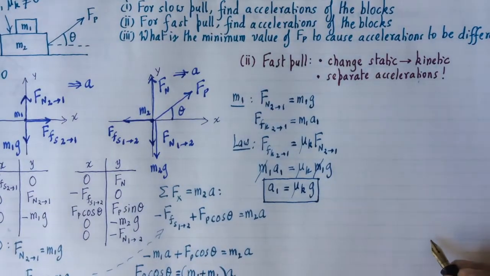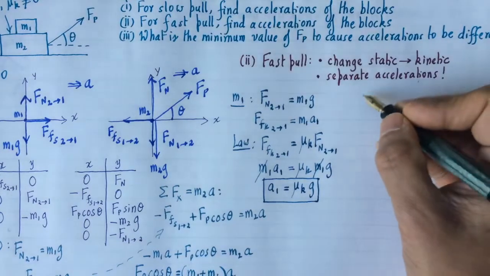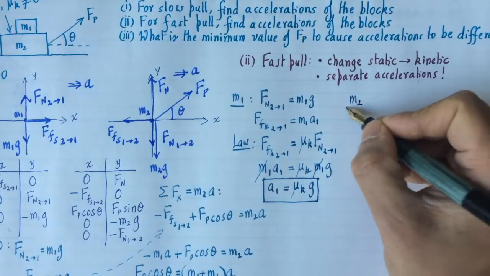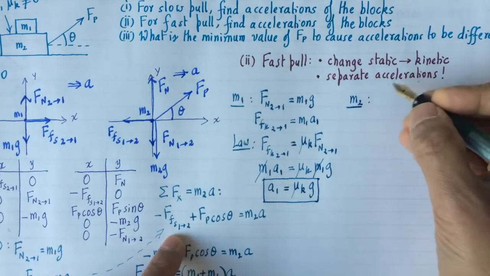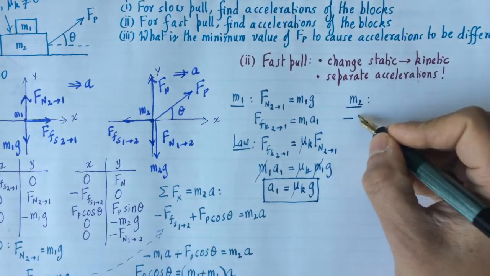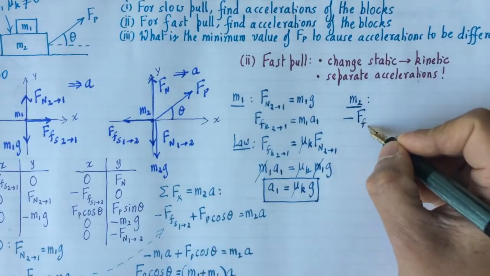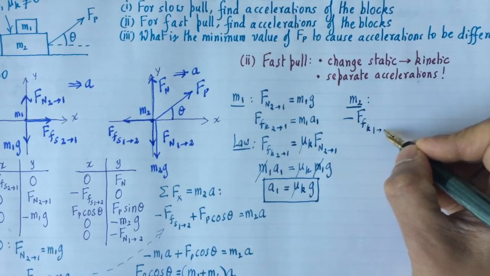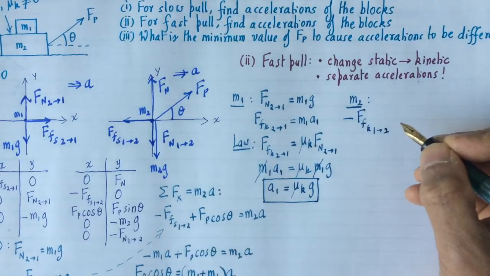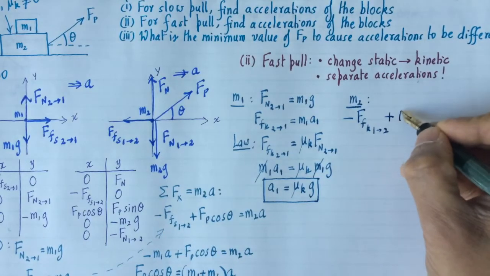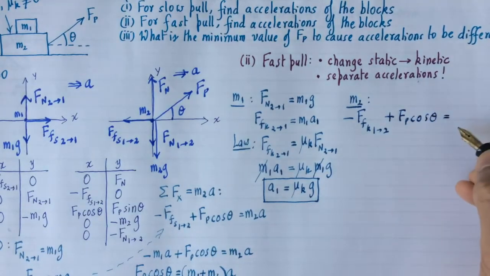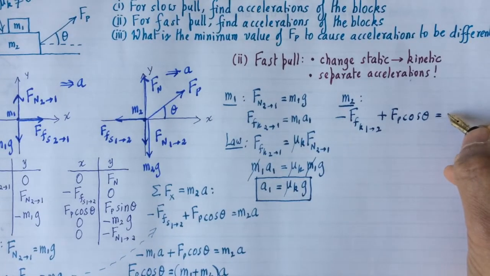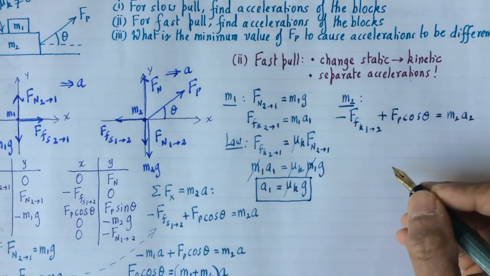What about the acceleration of the lower block? There, we go back to this equation that we wrote here, except we make the suitable replacements. So I'm going to get negative f sub f k 1 to 2, instead of s, I write k, plus fp cosine theta is equal to m2 times a, but m2 times a2 this time because it's two different accelerations.